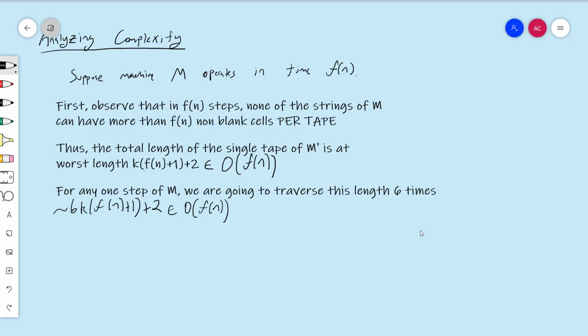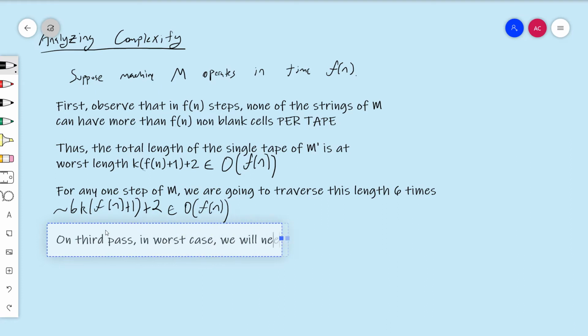And then there's one last thing to check, which is that, again, we're thinking about worst case here. So on the third pass, and by third pass I mean the second to last time we're traversing the length, in the worst case we will need to make space. That is, run the space creating subroutine k times.